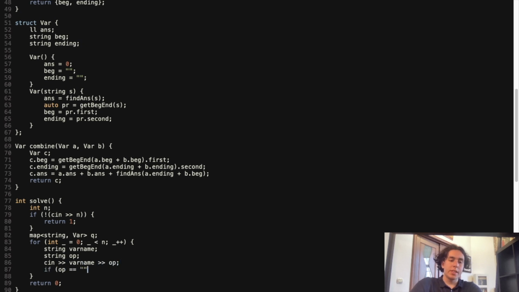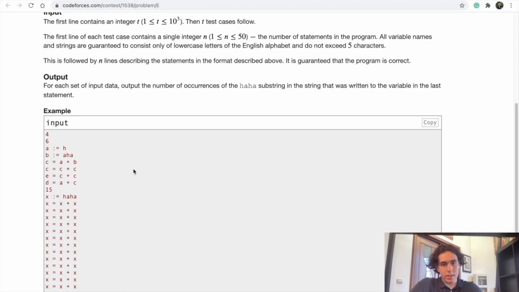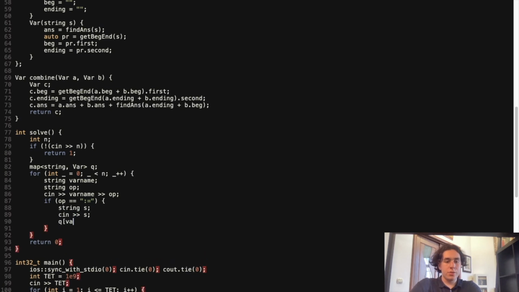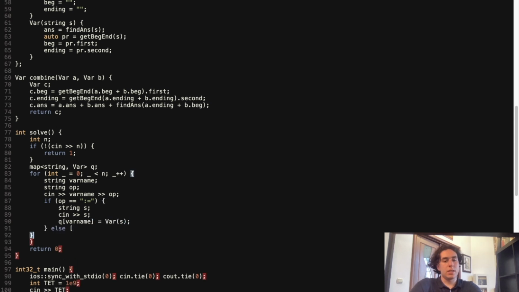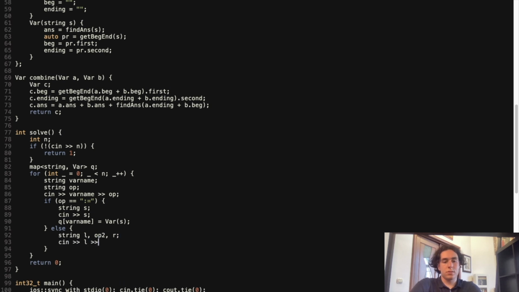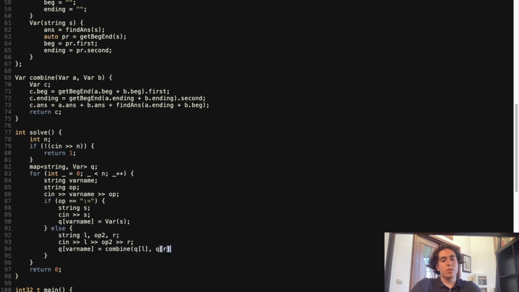If operator is equal to sign, then we take a string and q var name is equal to variable of s. Otherwise, we take left operator 2 and right, and q var name is equal to combine ql qr.